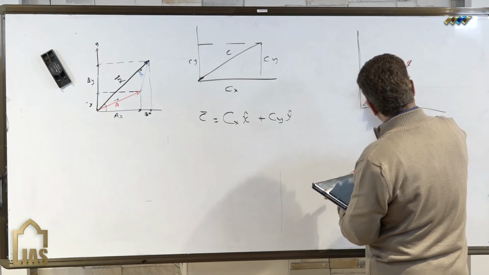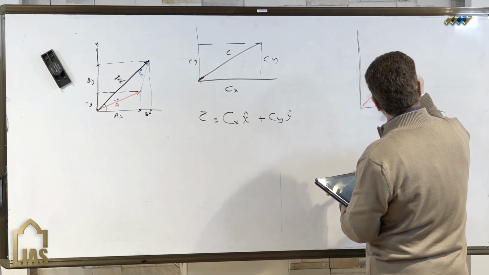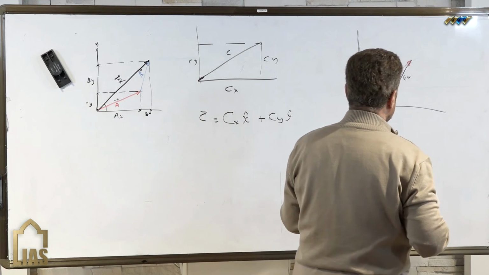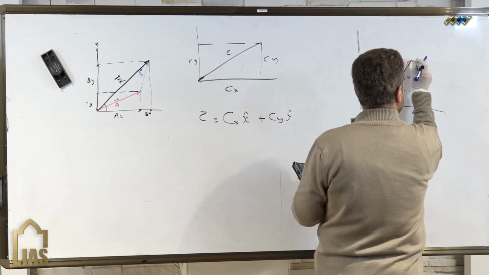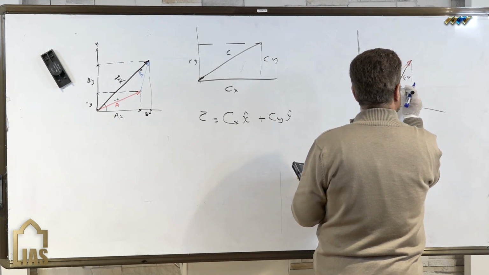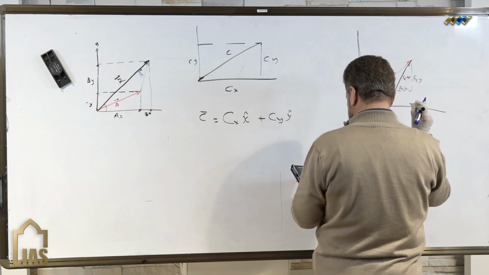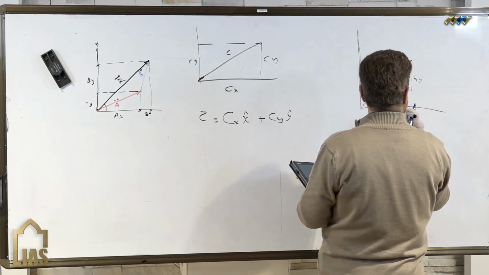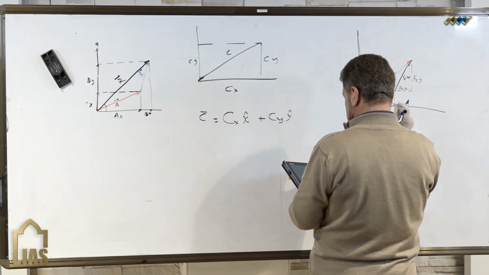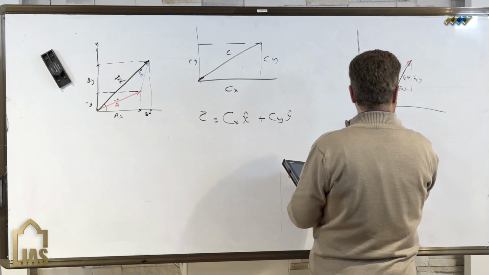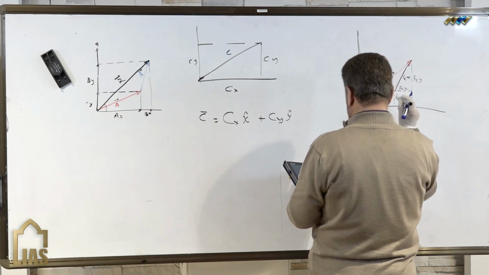F is equal to F1 plus F2. And F2 has a value of F2x, and also F2y. And here this is also F1x, and this is F1y.